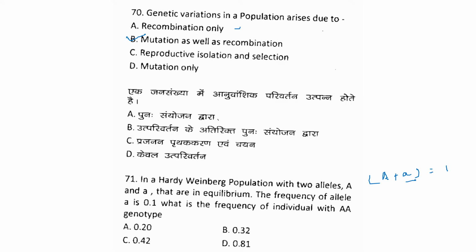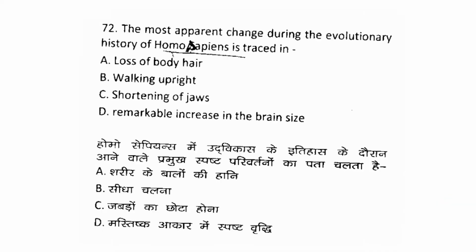So if p is 0.1, then the frequency of allele q is 0.9. So the frequency of the genotype, it will be 0.9 into 0.9 is equal to 0.8. So the answer is B, 0.8.